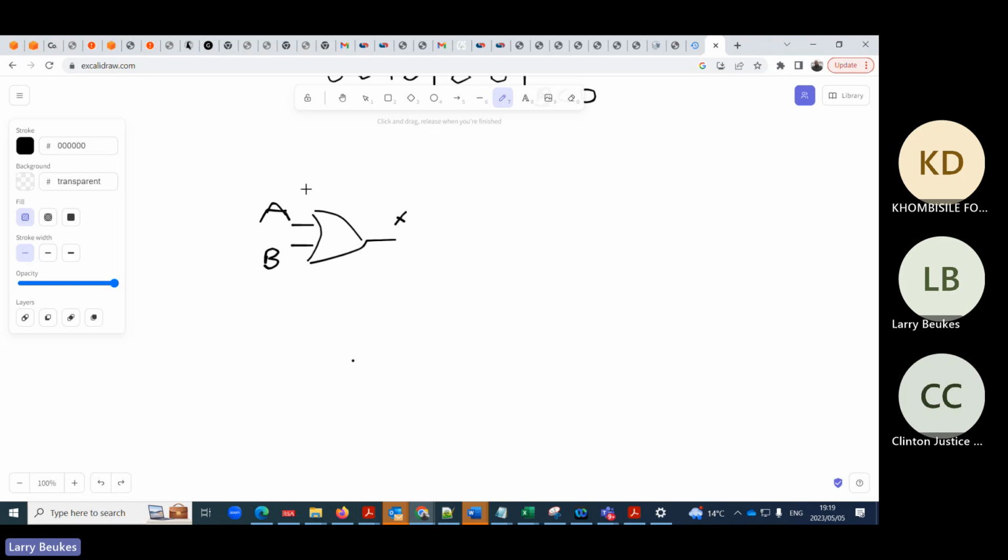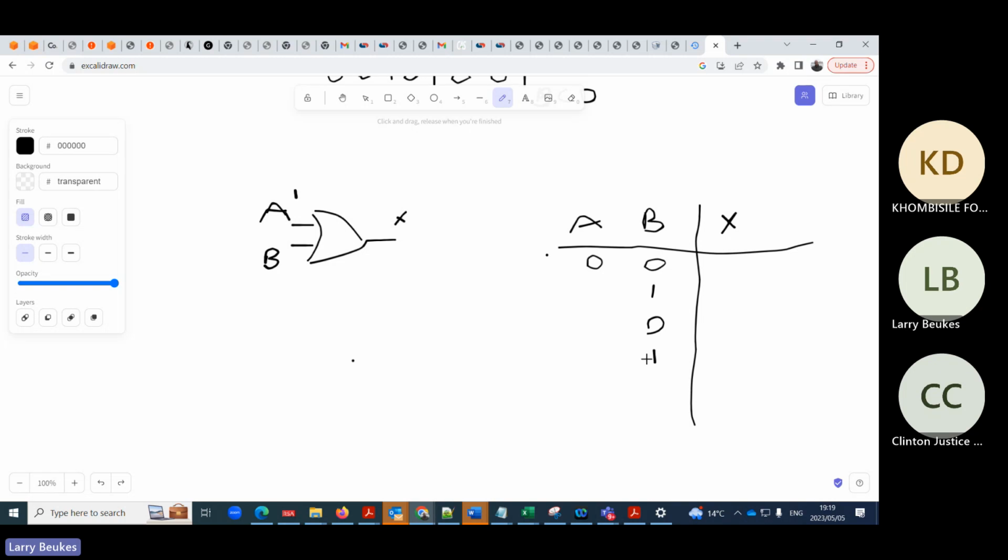So with an OR gate, let's do the truth table to keep it simple. A, B. This truth table is everywhere, it's on Google. It's called the truth table. So this is 0, 0, 0, 1, 0, 1.